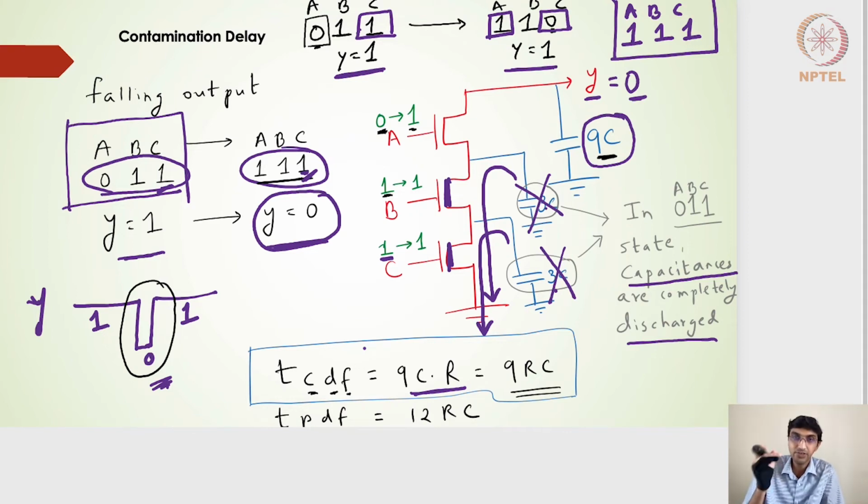So when we talk about sequential elements, we will once again involve this particular parameter, the contamination delay, and that's why all of you should be able to understand the contamination delay, and that's why it is there in this particular lecture.